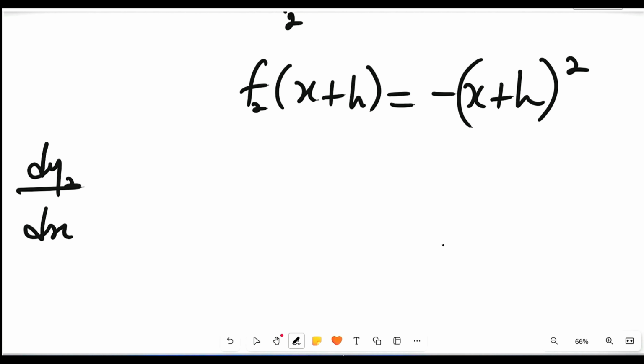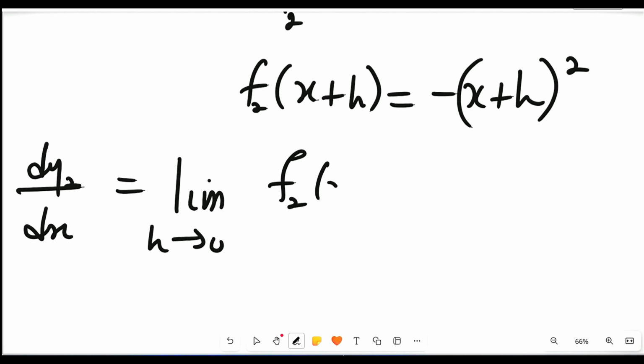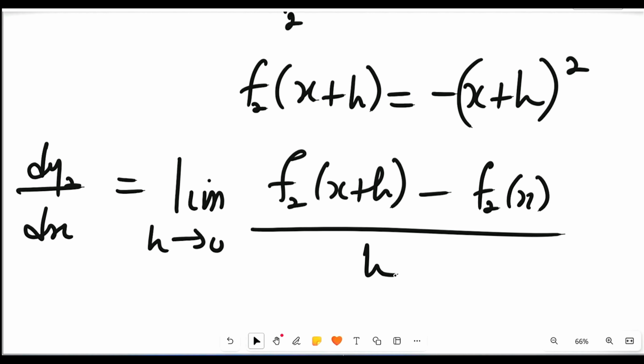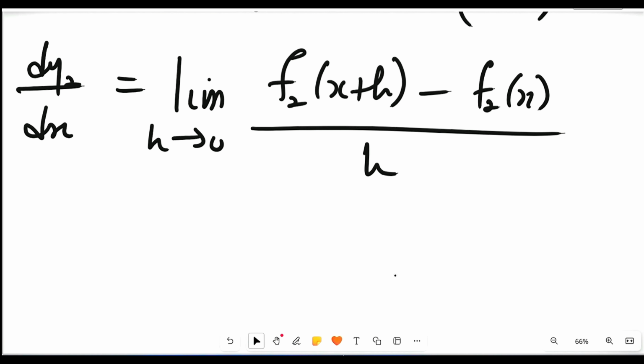So we have our dy2/dx, which is equal to the limit as h approaches 0 of our f2 of x plus h minus our f2 of x, divided by h. Alright, so we just plug in the values.